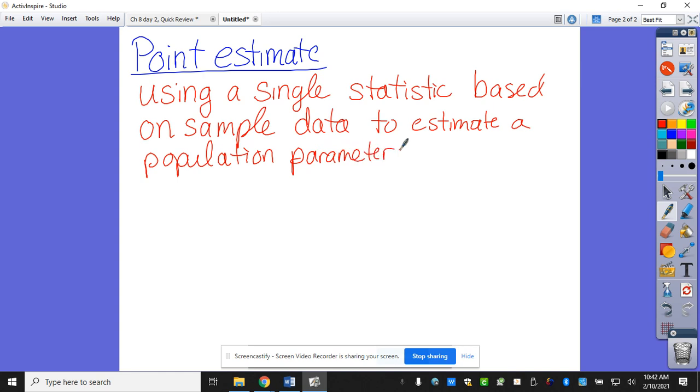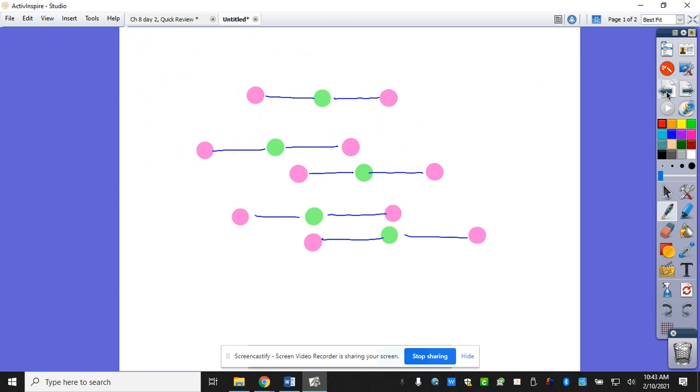Now, technically, this can be done with any statistic or parameter, but what do you think are the most common parameters that I'm going to be trying to estimate? Similar to last chapter. Okay, point estimate is the statistic. So if your group takes numbers, what kind of number do you think your group's going to have? Like your dot on Monday was a what?